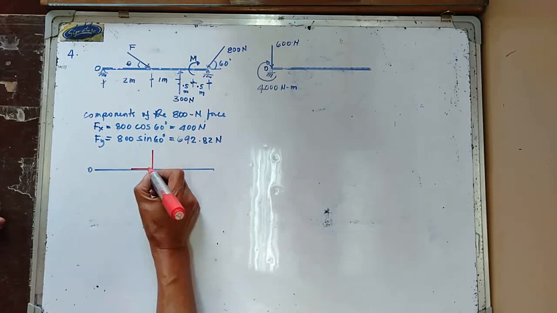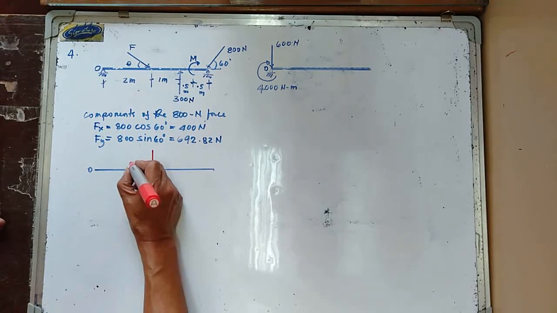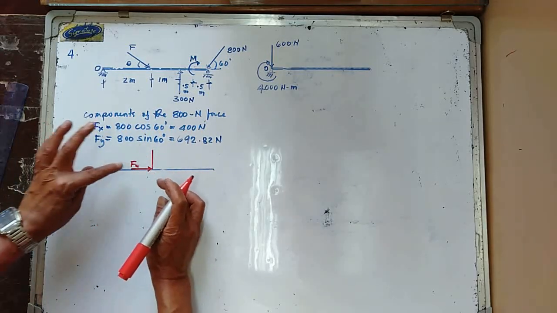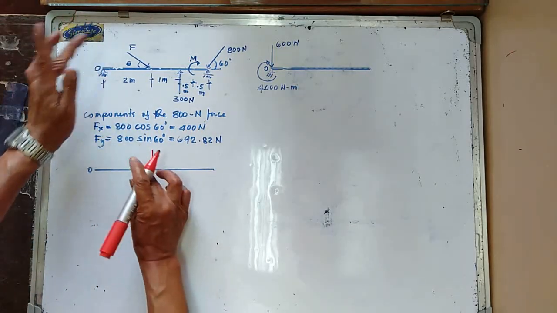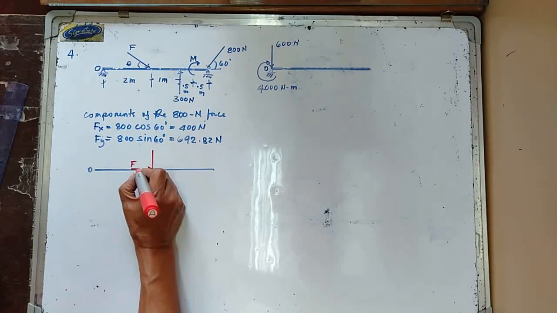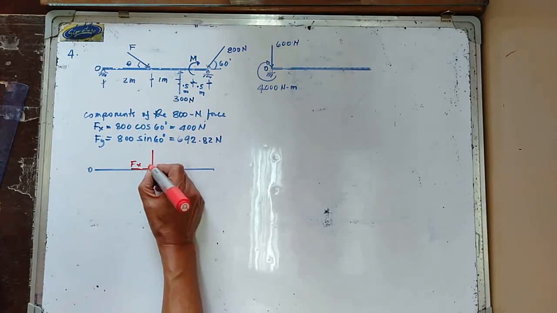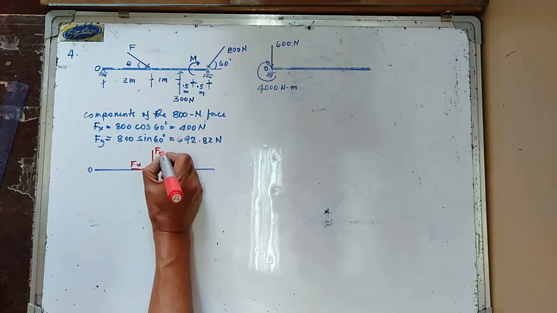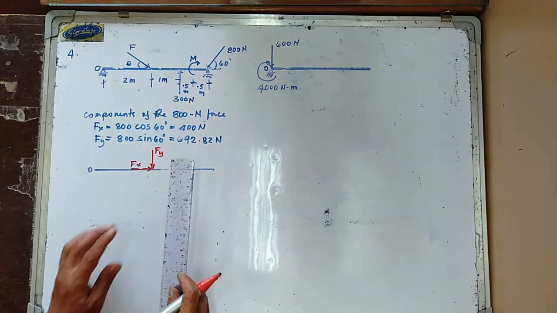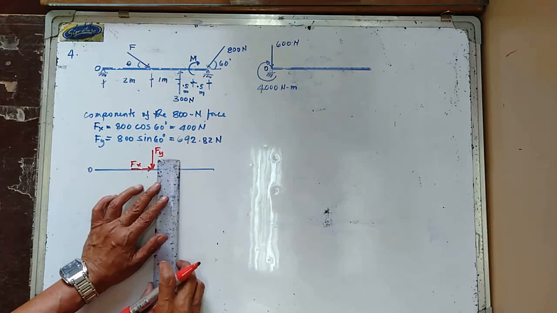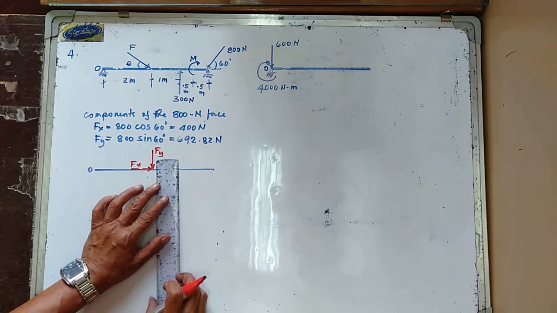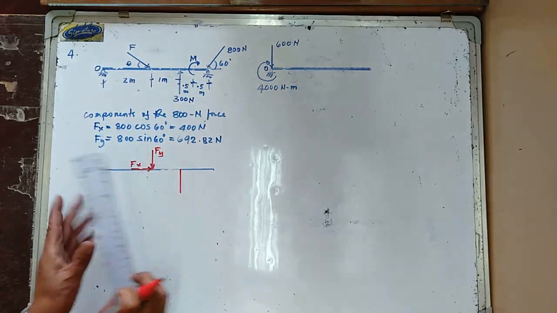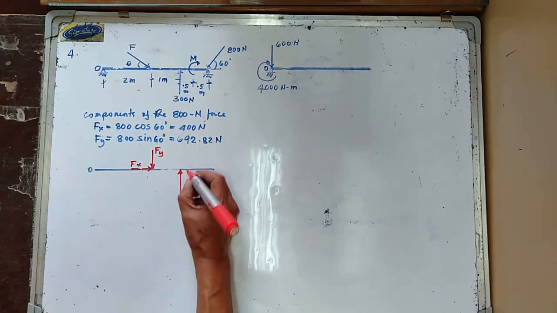We have Fx, so this is your Fx, and this one is now your Fy. So we have now your 300 Newton. This is the 300 Newton.